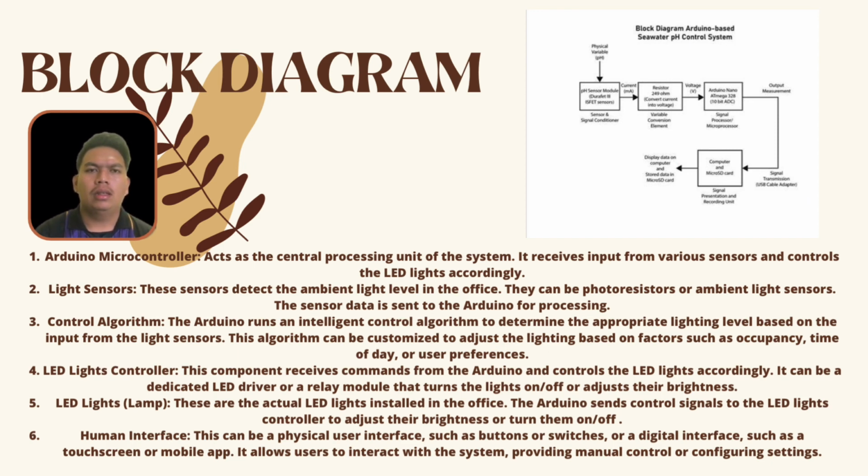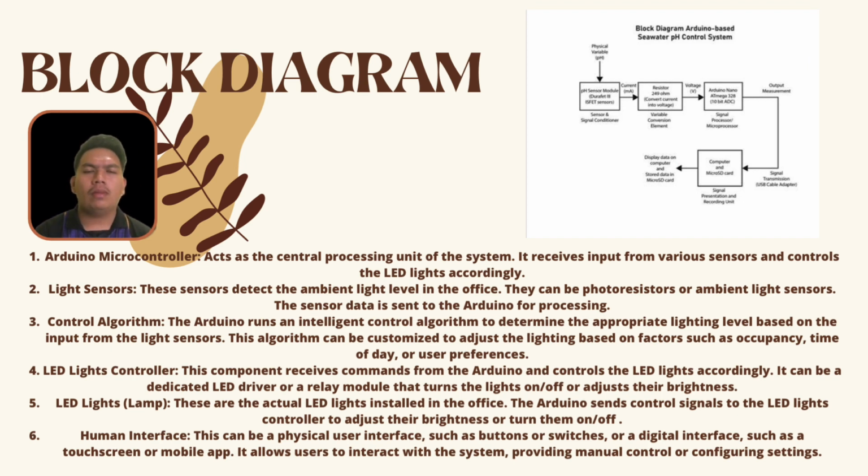These are the actual LED lights installed in the office. The Arduino sends control signals to the LED light controller to adjust their brightness or turn them on or off.